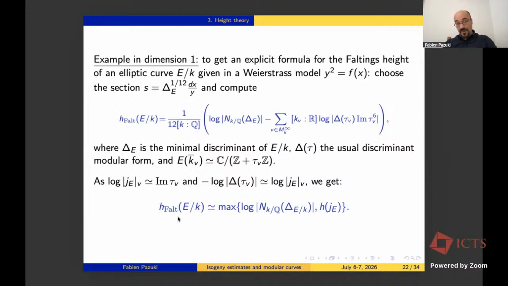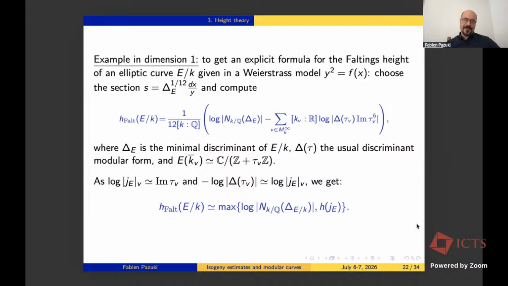So you see now what the Faltings height is measuring here for an elliptic curve: it's really what is the isomorphism class, and then what is the arithmetic of the bad primes over the base field where you look at it.